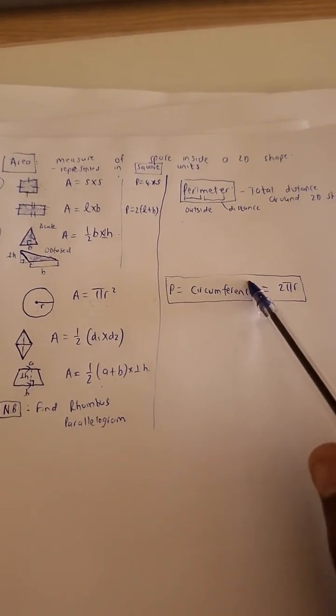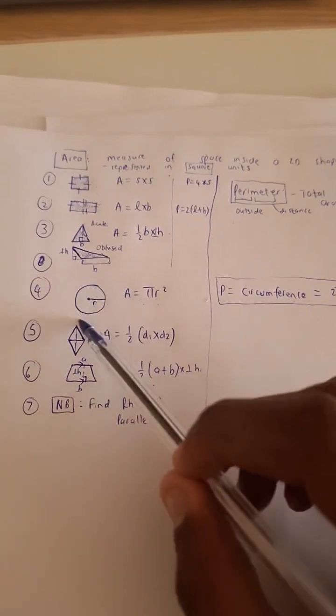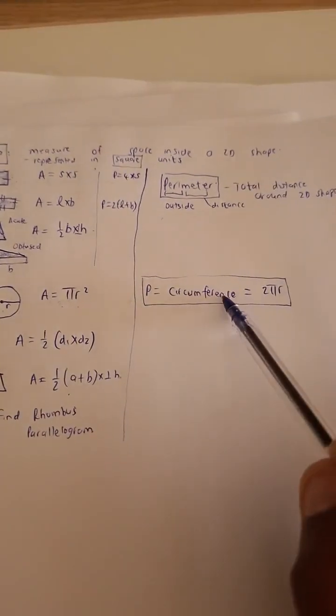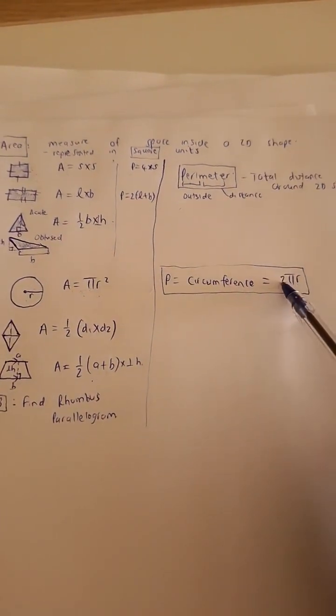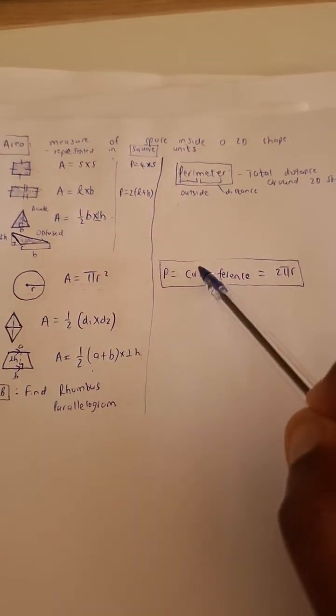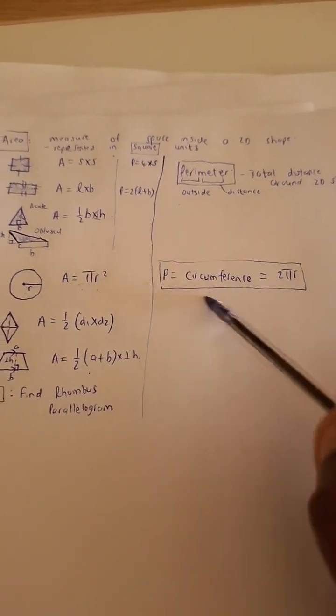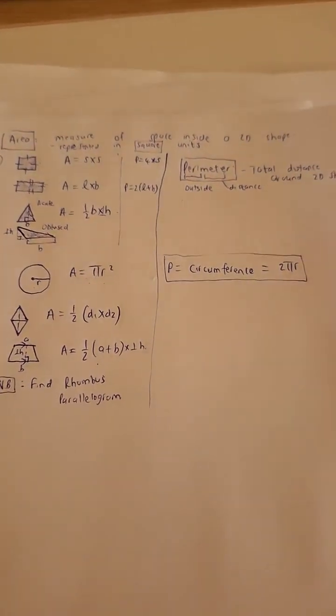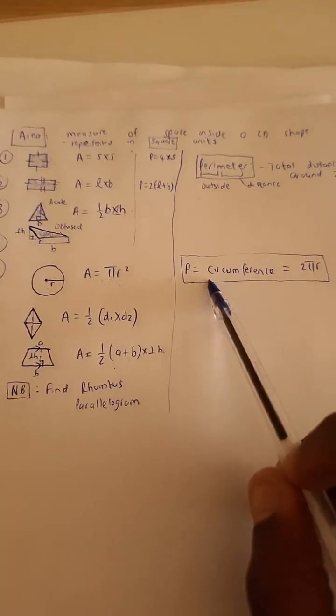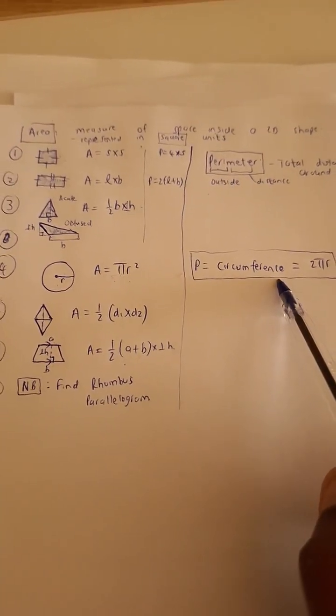I repeat, to calculate the distance around a circle, we use this formula, which is 2 pi r. That is the perimeter, which we call the circumference of the circle, because circumference simply means the distance around the circle.